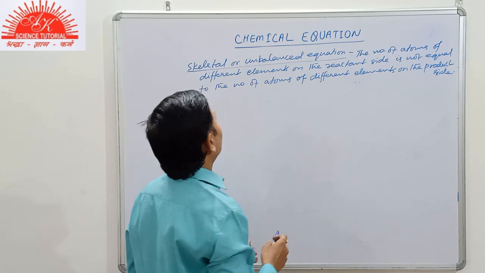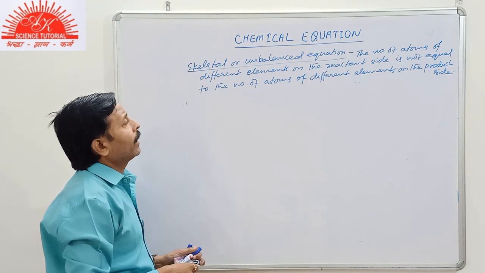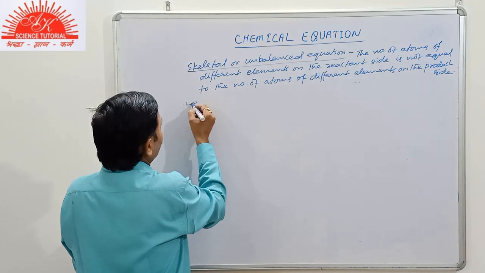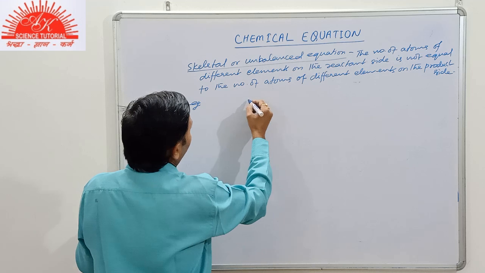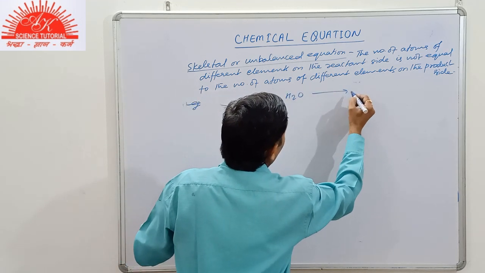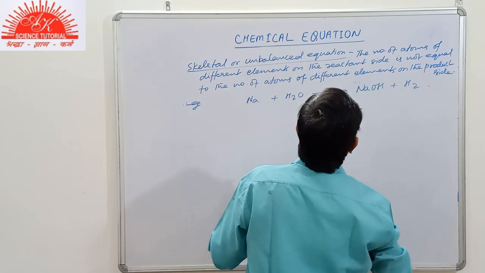Then this type of chemical equation is called an unbalanced equation or skeletal equation. Suppose, for example, we write Na + H2O gives NaOH + H2.